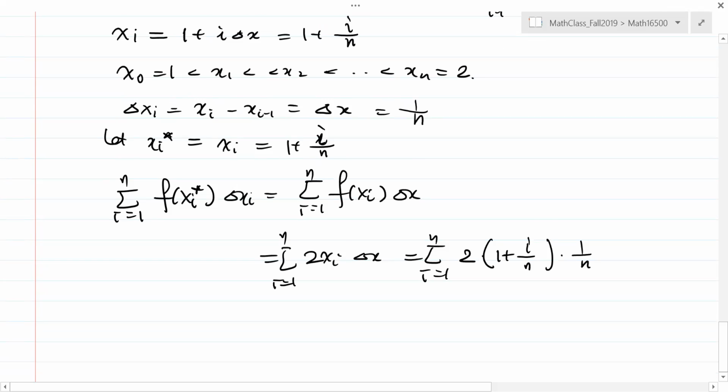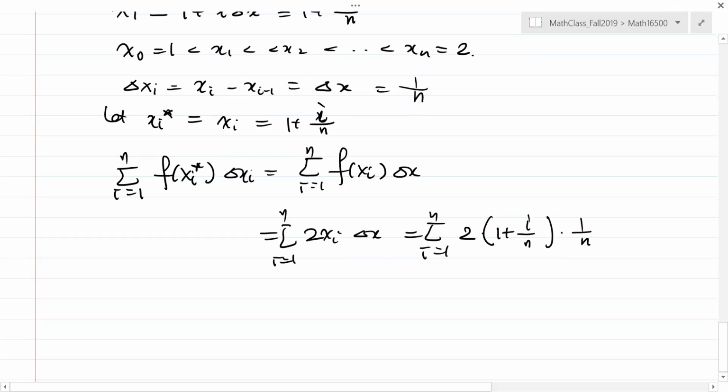How can I simplify this? There are two terms here: 2 over n, and 2i over n squared.